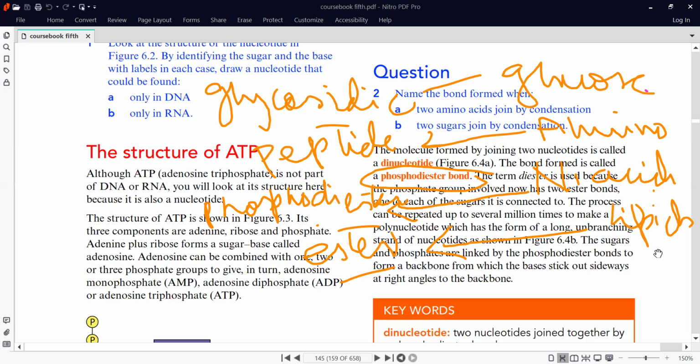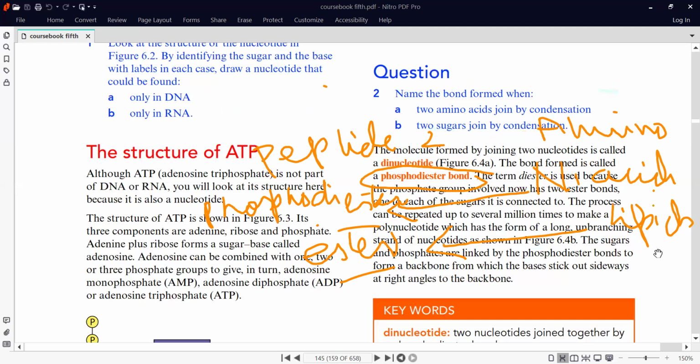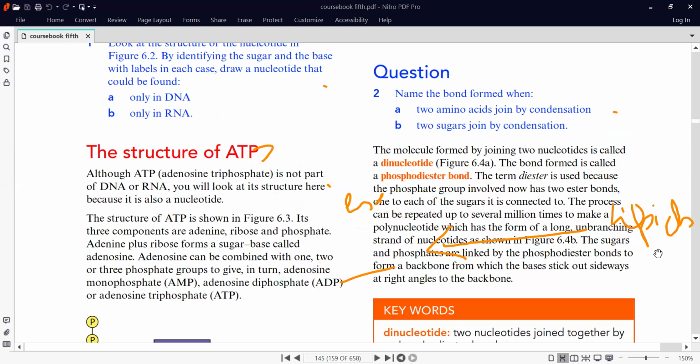That's why we call it diester, two ester bonds on both sides of phosphate. So they contain phosphodiester bonds, which make the structure of DNA or RNA. The sugar and phosphate are connected by the phosphodiester bond and they make the backbone of the polynucleotide. You can see.